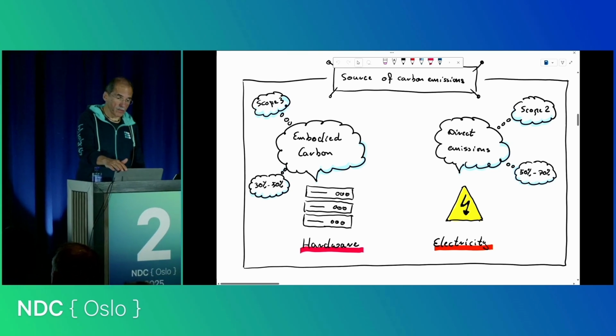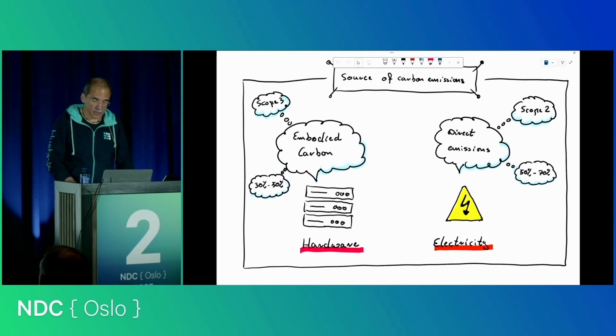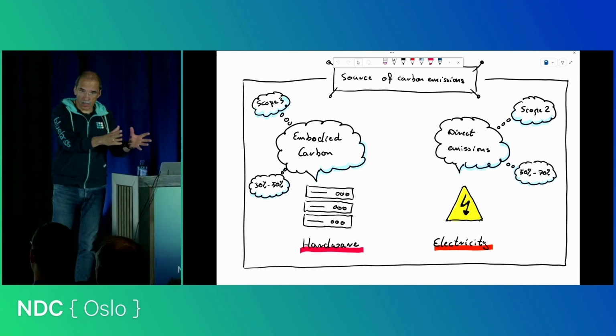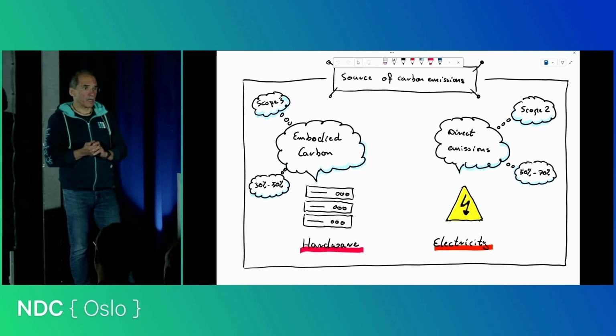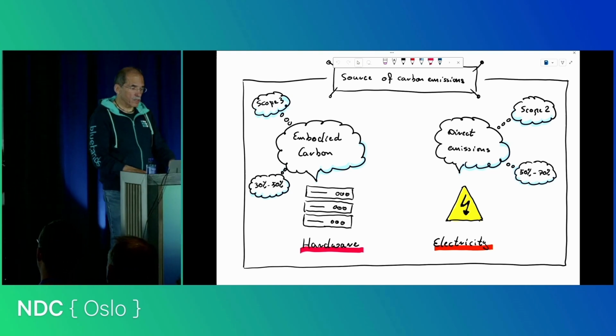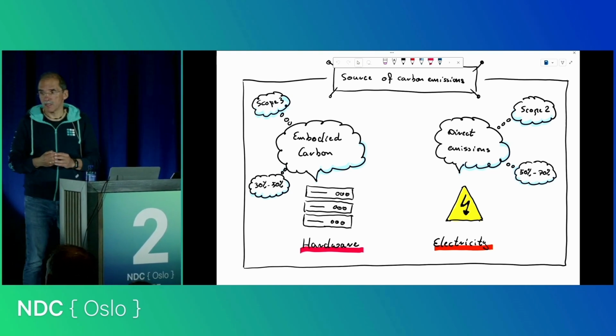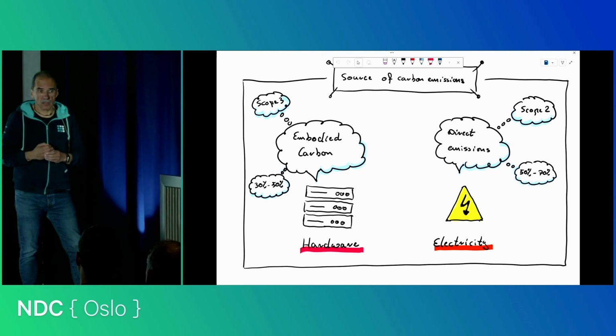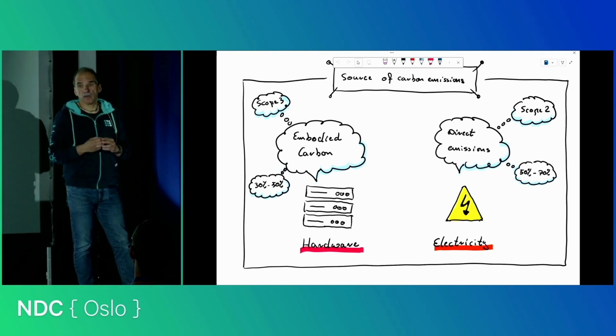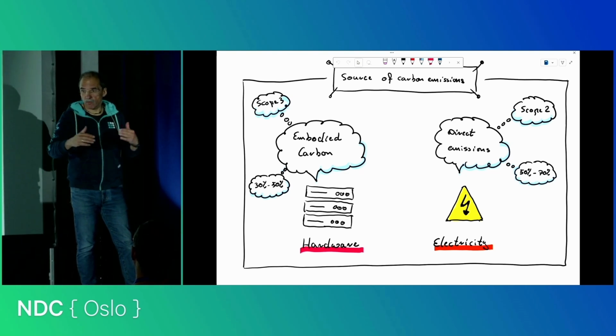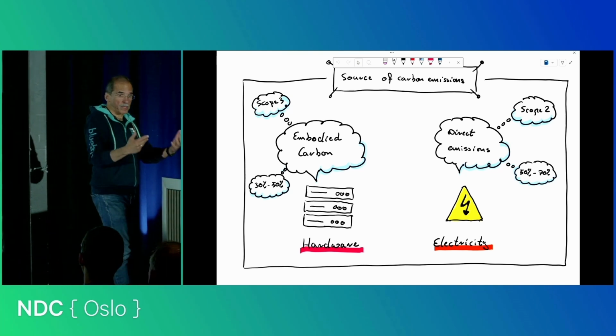So for example, this laptop has 75 to 80% embodied carbon. So there are 300 kilograms CO2 equivalent, and around 50 kilograms emissions during the lifetime of 4 years. So it's based on the power.